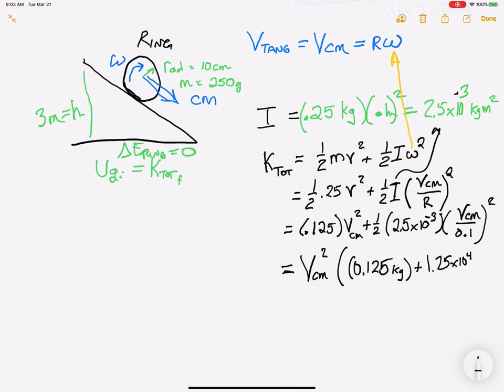I'm going to have to clear all this because that's also 0.1 squared. So I'm going to get 0.5 times 2.5 e to the negative 3 divided by 0.1 divided by 0.1. Alrighty. So this gets us a value of 1.25 to the minus 1. Oops, I'm sorry. I forgot we had factored that out.